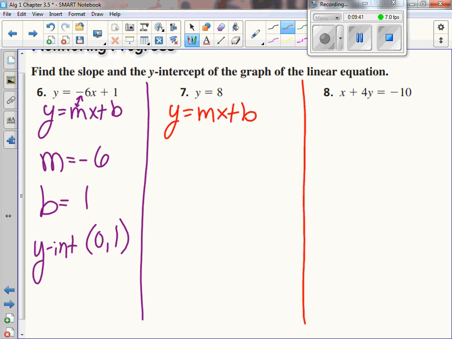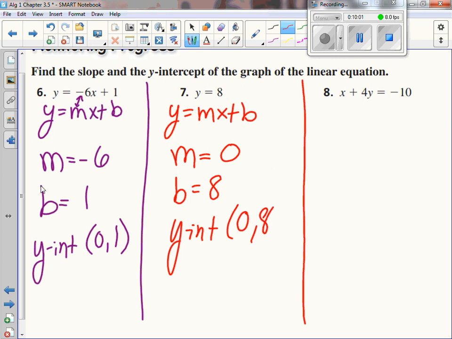Number 7 is already in y equals mx plus b form because y is by itself, yes? So what would the slope be for this? The slope would be 0, because since we don't have an x value there, the slope has to be 0.